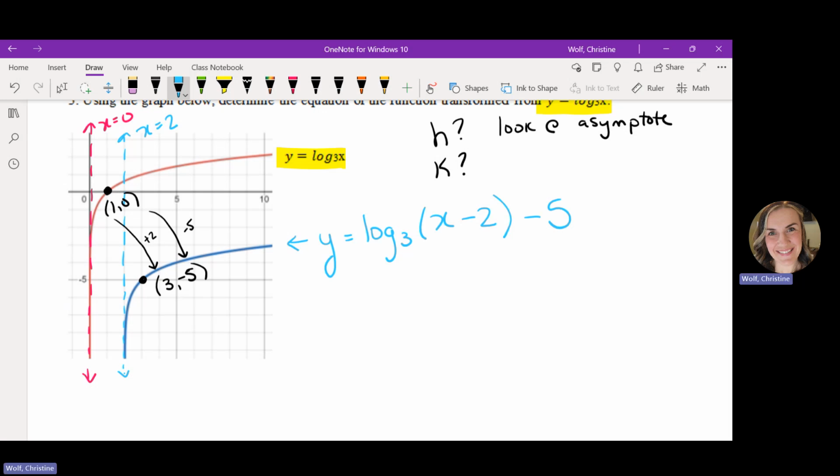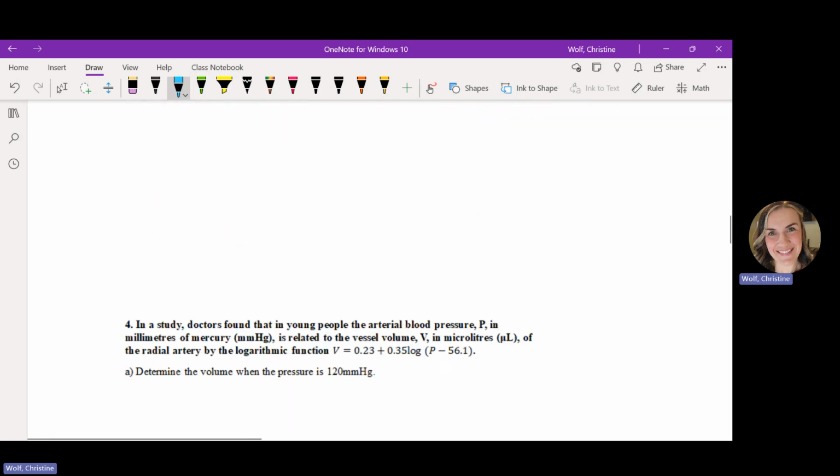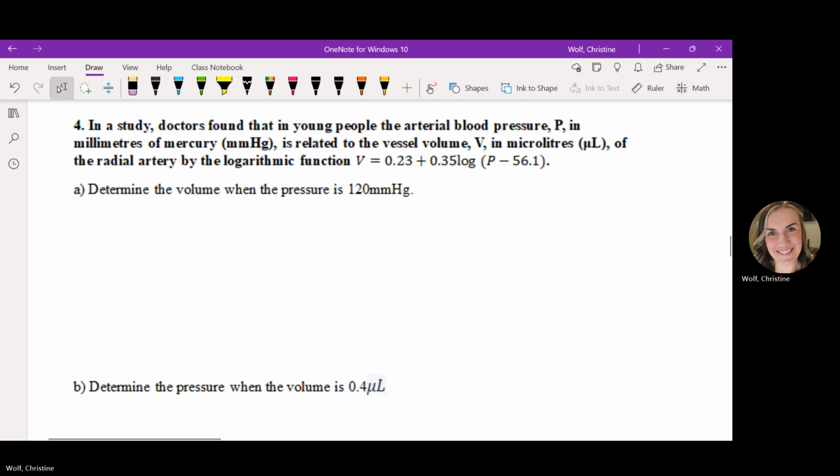Alrighty. And last but not least, we've got a word problem. Word problems are not that hard because I will always just give you the equation and you just have to plug in properly. Okay?